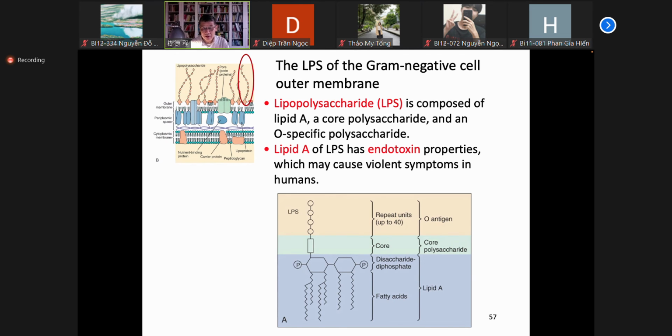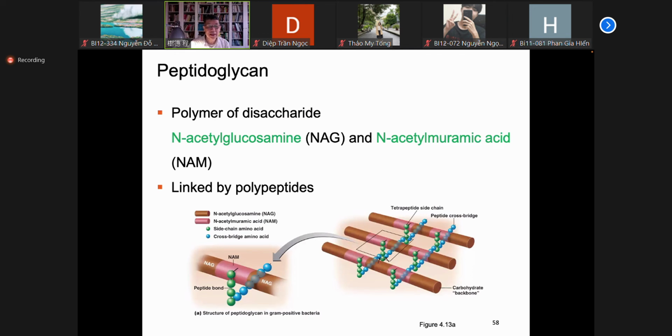So this is a very important part in the gram-negative cell wall.